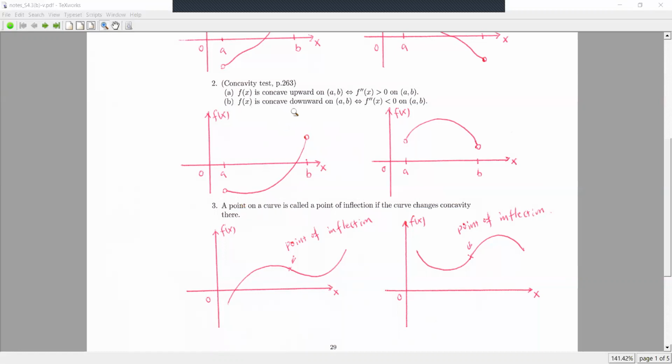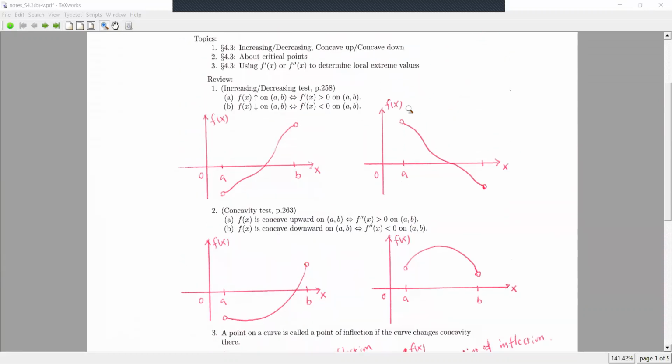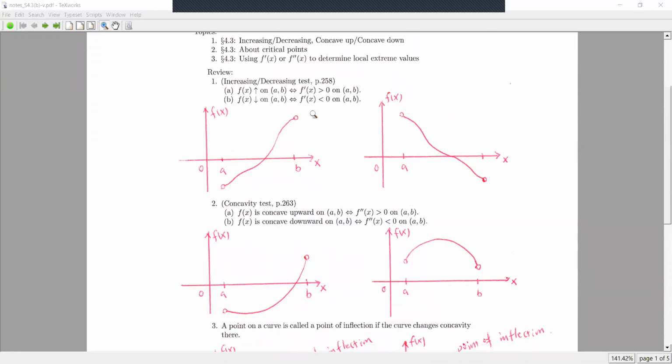A curve is concave down if and only if the second derivative is negative. Keep this in mind. First derivative is about increasing, decreasing. Second derivative is about concave up, concave down. Keep this in mind.